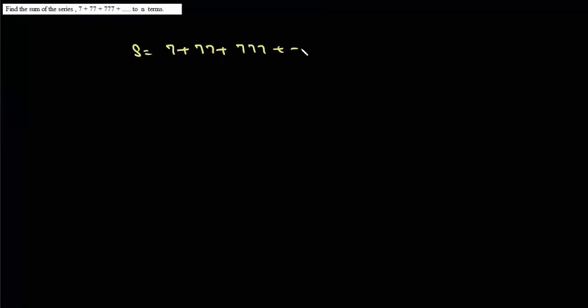Now here the question is, find the sum of the series 7 plus 77 plus 777 up to n terms. What we'll do is take 7 common, and multiply and divide everything by 9. So it'll be 7 by 9 into (9 plus 99 plus 999 up to n terms).